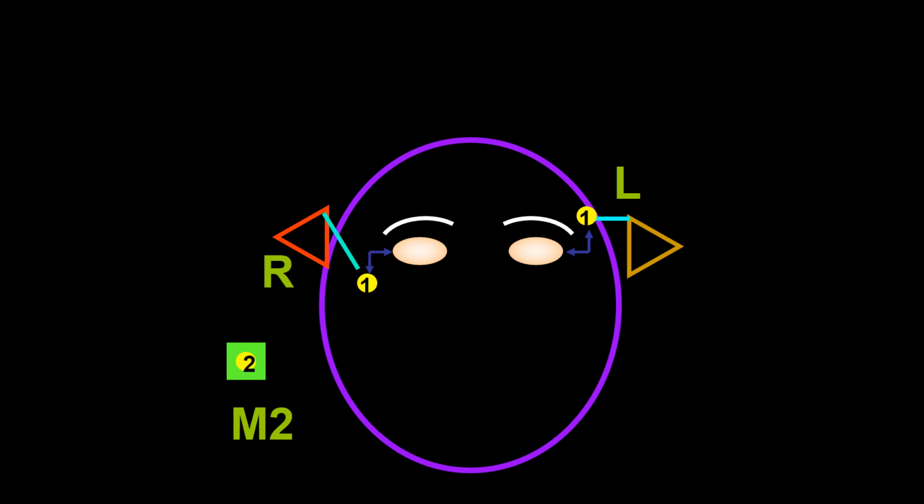Then the M2 electrode is placed. The value of this electrode is taken to be neutral in relation to the eye electrodes. This electrode is then connected to the G2 entrance of both of the amplifiers used to monitor eye movements.